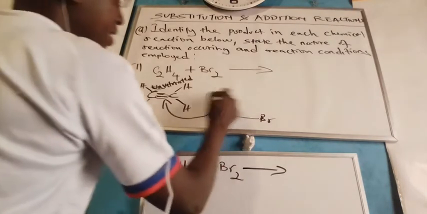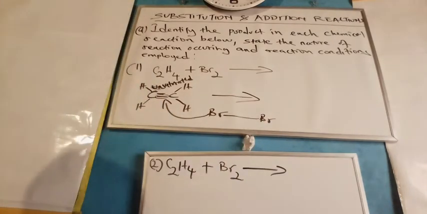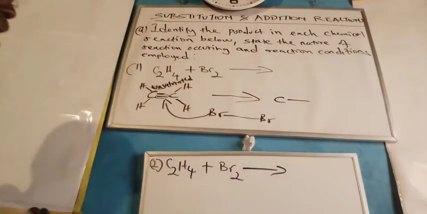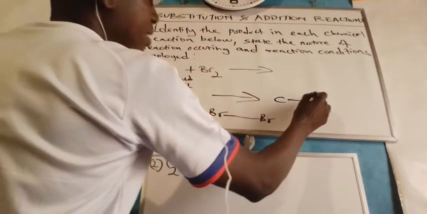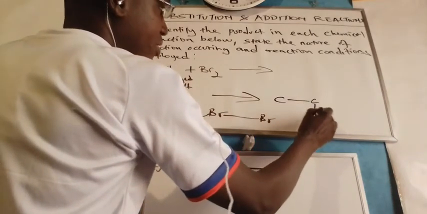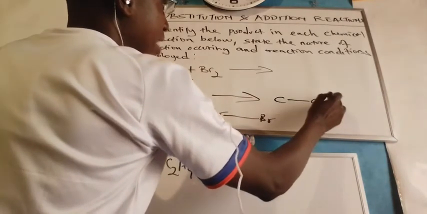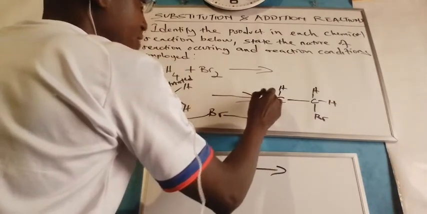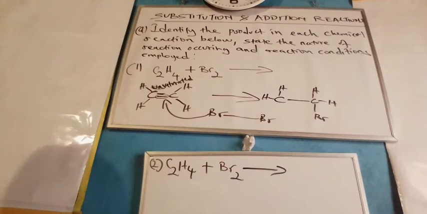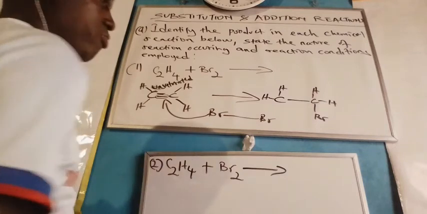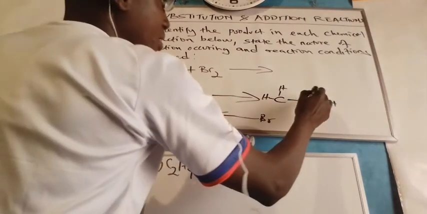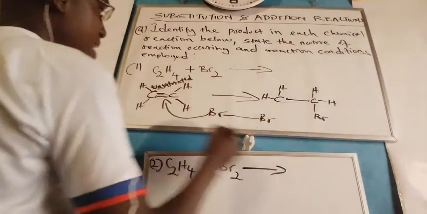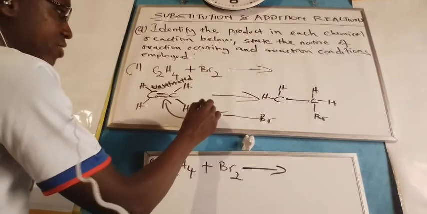And as I give the mechanism, it shows that the double bond is going to be broken to become a single bond. And in that process, a bromine atom is going to be attached. And when the bromine atom is attached, the hydrogens which were present are retained in their respective position. The breakage of one of the bonds, remember each bond is made up of an electron on one side and an electron on the other. So when the bromine comes in, it comes in with its own electron.